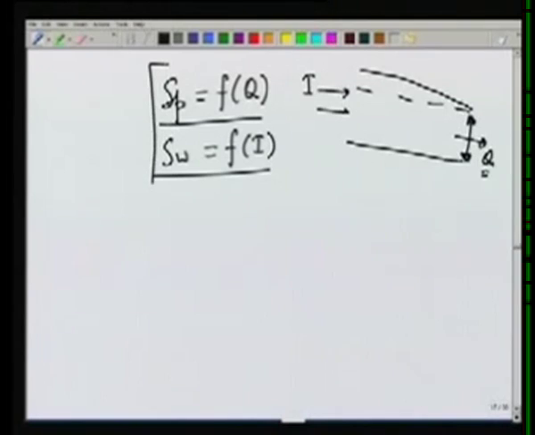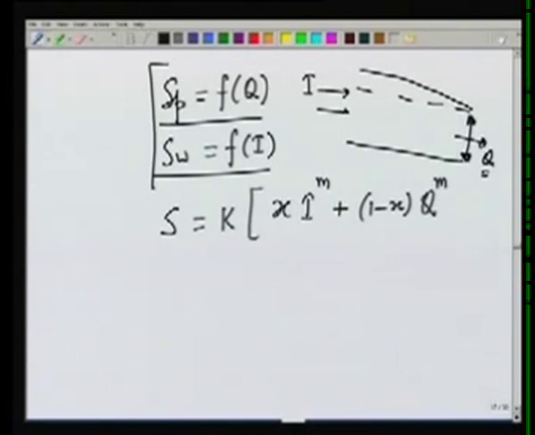So the total storage S can be written normally for channel routing. We assign some weight to the inflow, some weight to the outflow, and write the total storage as the wedge storage, which is a function of I, and a prism storage, which is a function of Q. In this, K is a coefficient which is sometimes called a storage time constant.